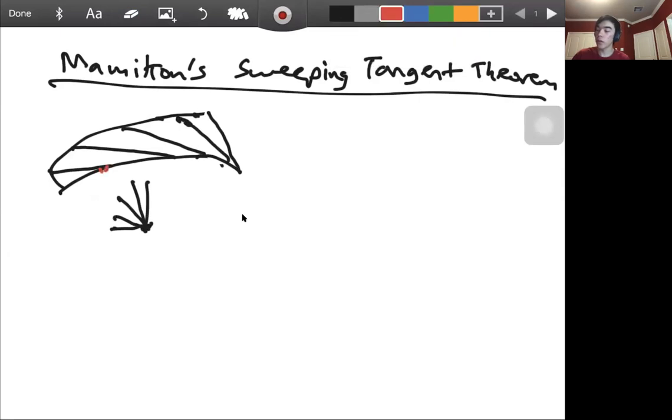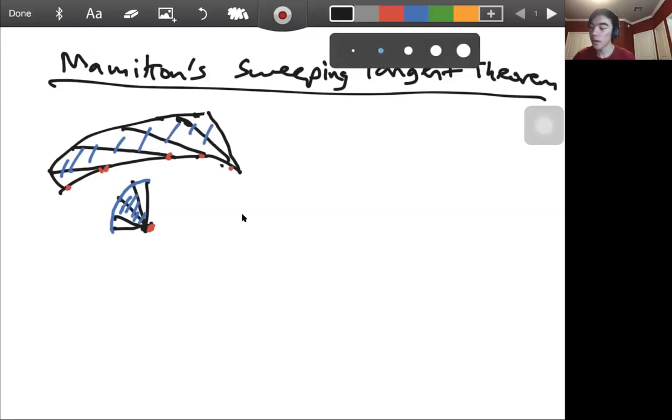Here the points are moving along. If we merge all the red points to the same position, then we get this new region. And it turns out that these regions actually have the same area. This is Mamikon's sweeping tangent theorem.